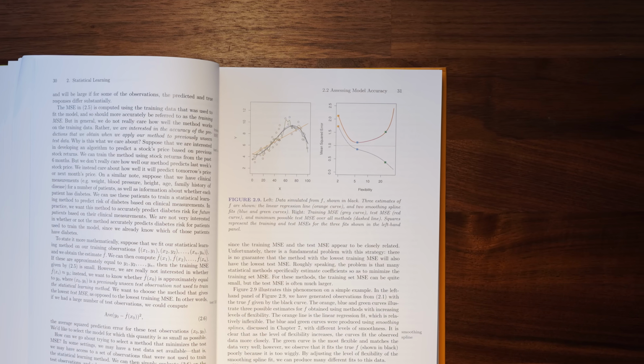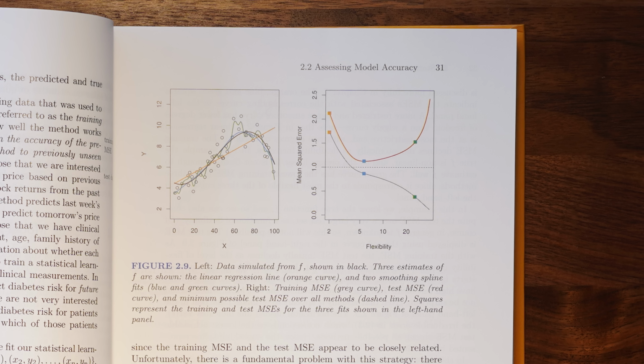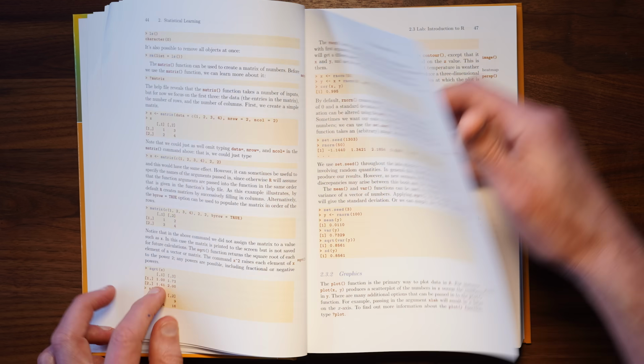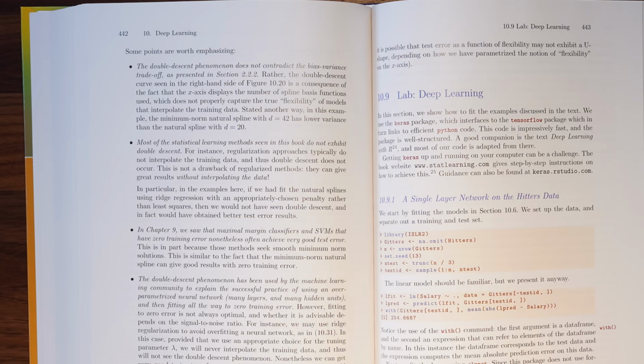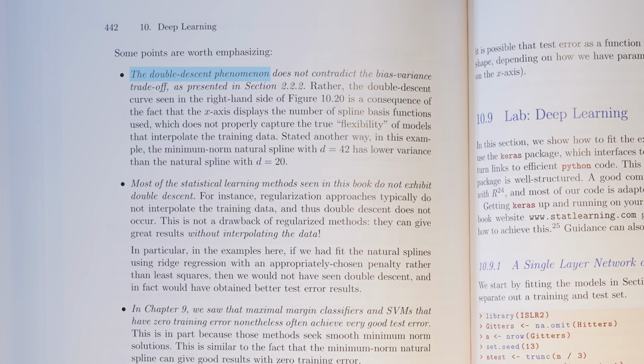The familiar U-shaped bias variance curves are still prominently featured in the opening chapters of the book, but there is a new section on double descent in chapter 10. In this chapter, Hastie and his co-authors present the double descent phenomenon and argue that it does not contradict the bias-variance trade-off. Their argument centers around the way we're measuring the size or complexity of our learning model.